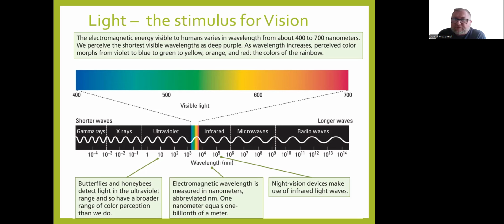With night vision, we are able to detect some wavelengths that are in the infrared spectrum. And the idea is that not only can we see better at night using night vision goggles, but we're also able to see some things that we might not otherwise see, because of the access to that particular band of the spectrum.